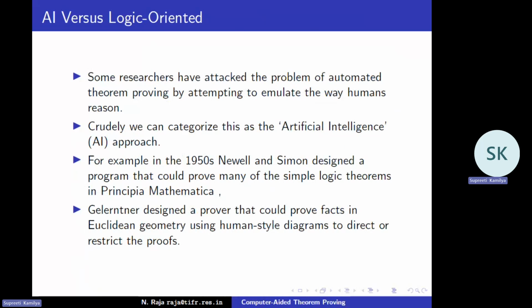Right in the 1950s, there were Newell and Simon who developed a system that could prove many of the simple theorems in Principia Mathematica, automatically. Then there was somebody else, Galanter, who did similar things for Euclidean geometry, using human-style diagrams to direct or restrict proofs. So basically, they are trying to mimic with a machine the way humans work.